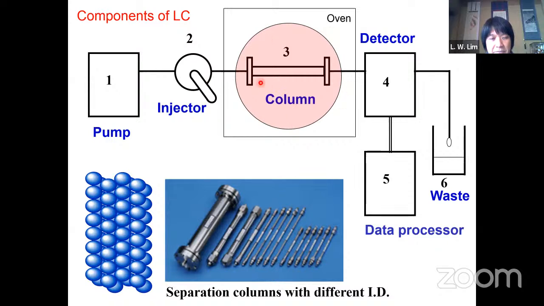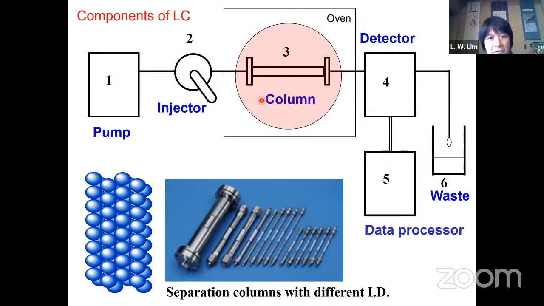As you can see from these slides, an HPLC system consists of 5 important parts. Of course, we need a pump to pump the eluent, the mobile phase, which is a liquid for HPLC.